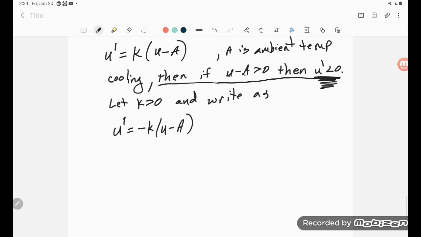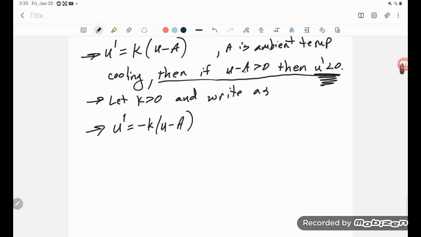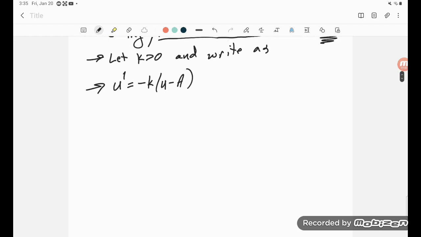Well, that means it's decreasing in temperature. That's a negative derivative. And so what is often done is we just assume K is positive, and then we rewrite this equation with a negative K, because we've assumed K is positive. All right, so that's what we have.